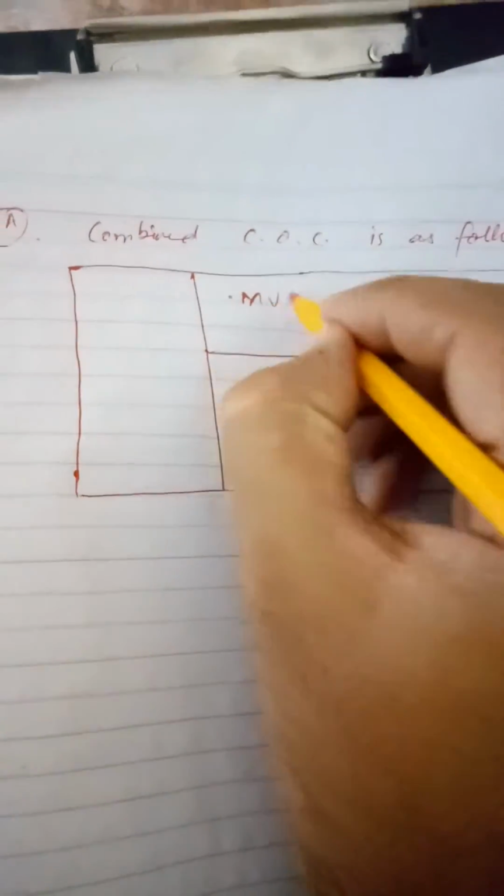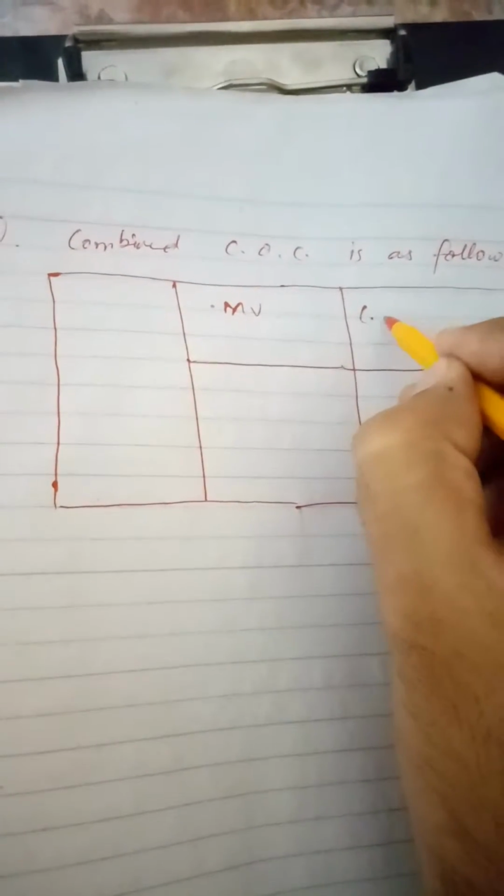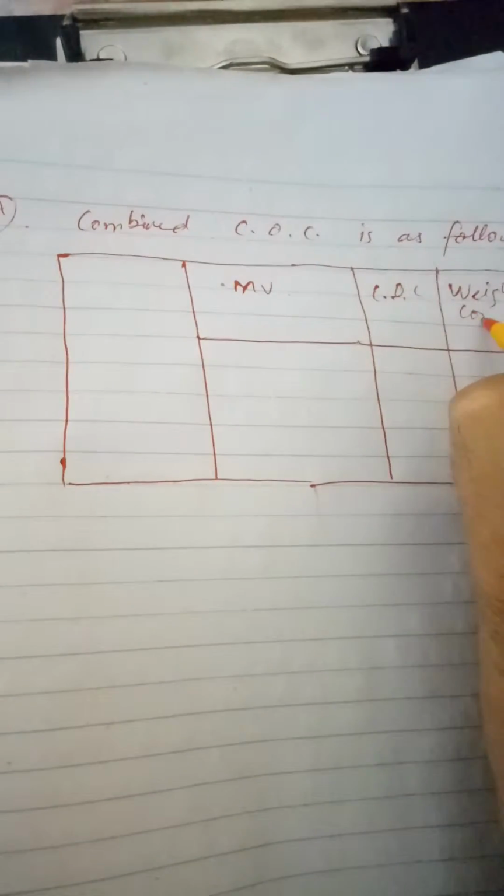This is MV, we're talking about MV. This is the cost of capital, and this is the weighted cost.